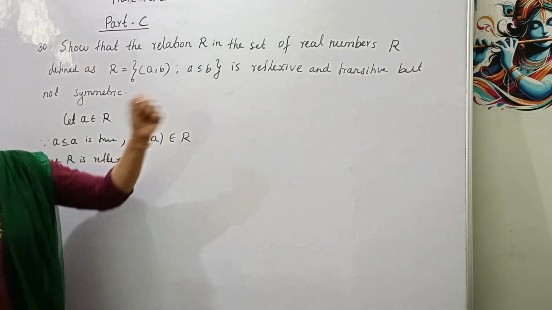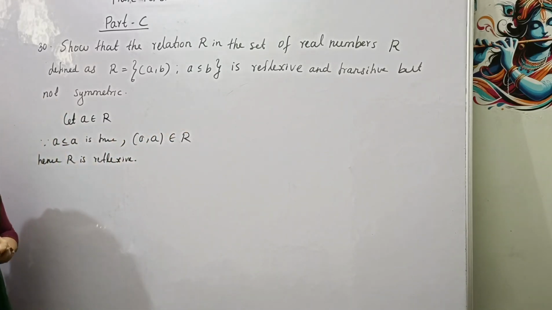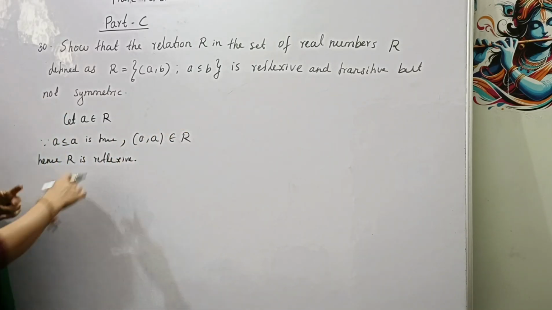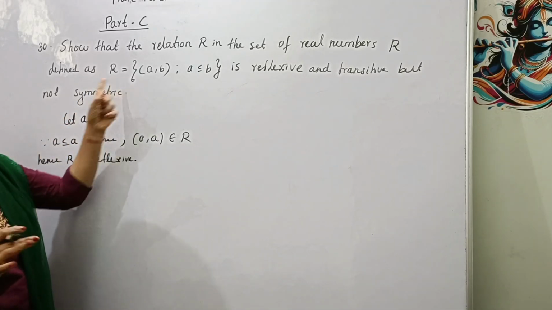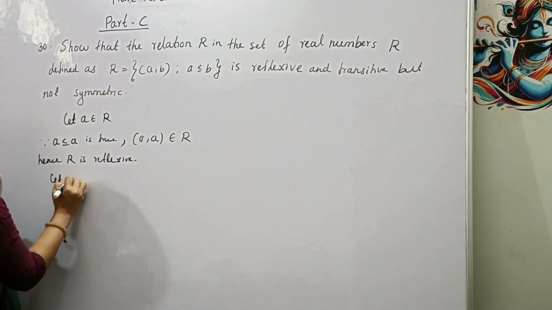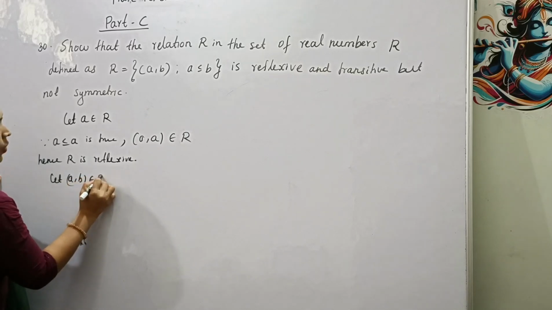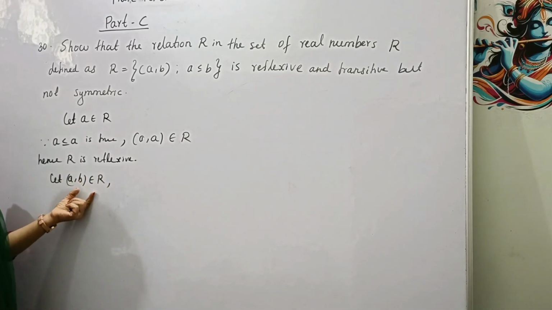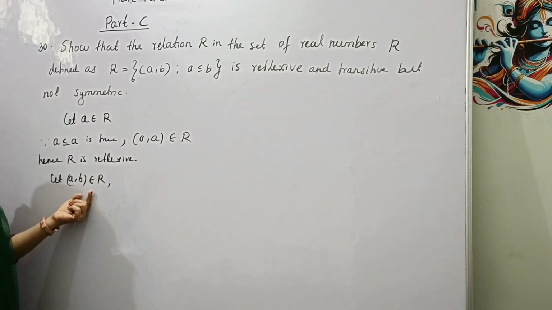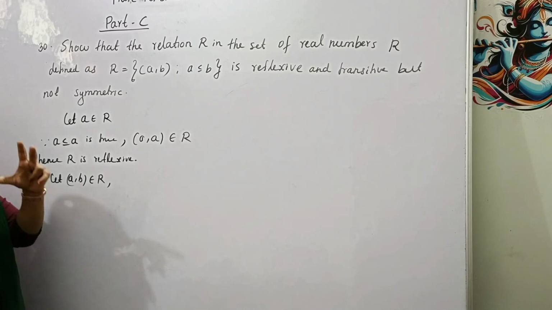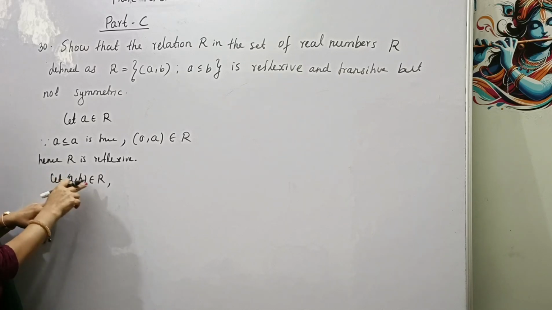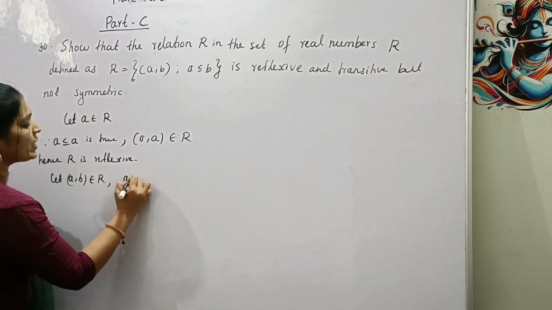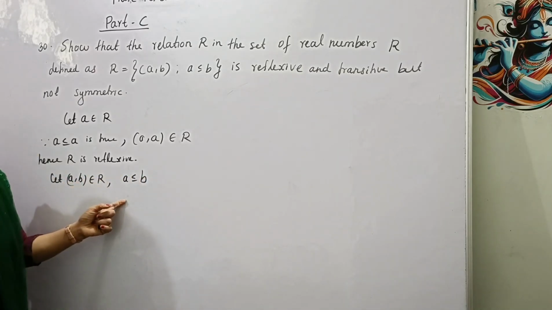Next, let's take symmetry. For that, let's take one element from the relation. So let (a, b) belong to R. Now for symmetric, we have to prove (b, a) belongs to R. Symmetric means if (a, b) belongs to R, then (b, a) belongs to R. Since (a, b) belongs to R, the relation is a less than or equal to b.